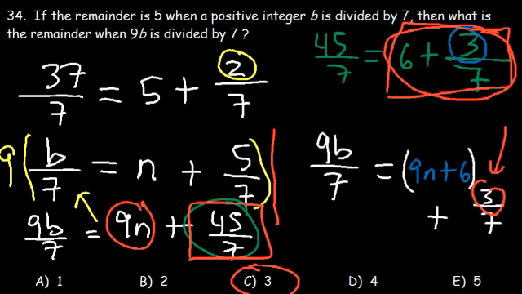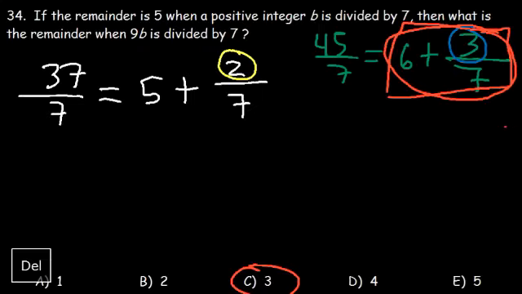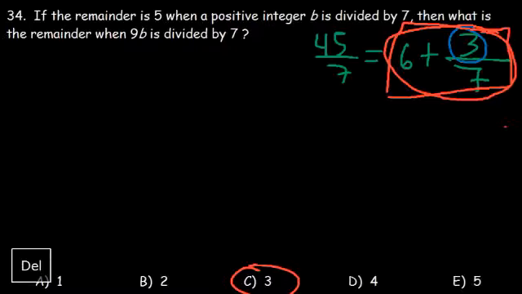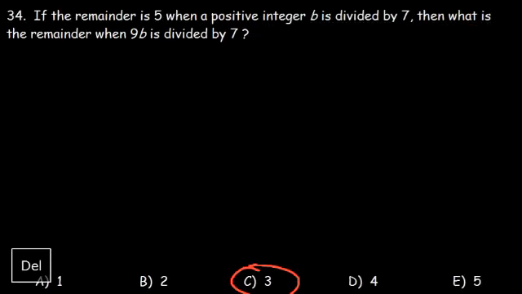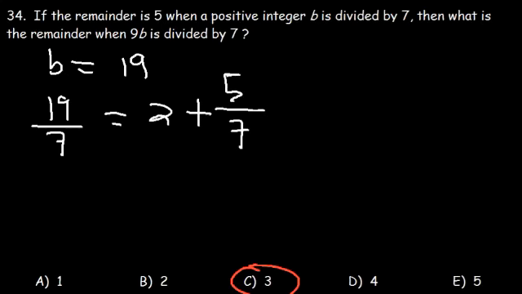So let's see if we can prove it. Think of a number in which 7 could go into, but the remainder is 5. So let's use 19. We're going to say b is 19. 7 goes into 19 2 times, and 7 times 2 is 14, and 19 minus 14 is 5. So here we got a remainder of 5.